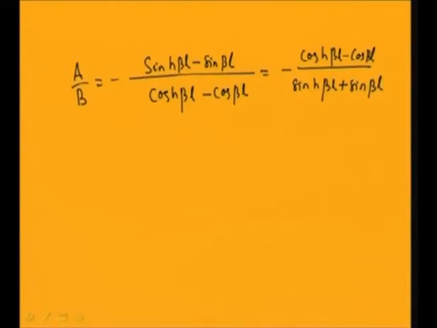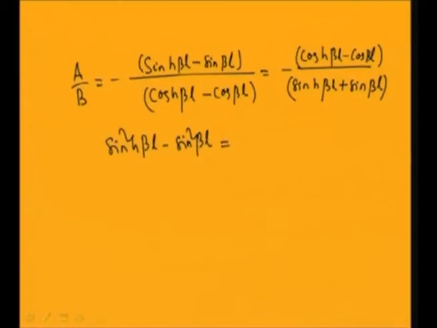So proceeding in the previous way, as this is equal to this, I can make the cross multiplication, that means this term into this term will be equal to this term into this term. So multiplying, sine hyperbolic beta l minus sine beta l into sine hyperbolic beta l plus sine beta l becomes sine square hyperbolic beta l minus sine square beta l.